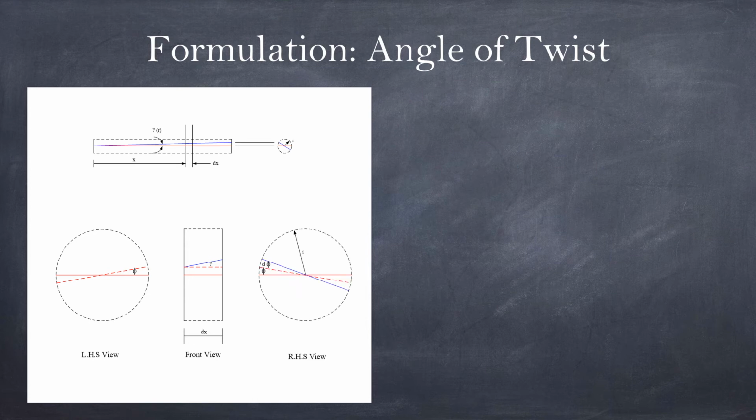Now if we look at the right-hand side, we see the full red line and the full blue line, but the dotted line is drawn as a reference for the change. Between the full red line and the dotted red line, the dotted red line is the original position from the left-hand side. Once it moved through dx, the angle changed, and that change in angle on the cross section is denoted by d phi.